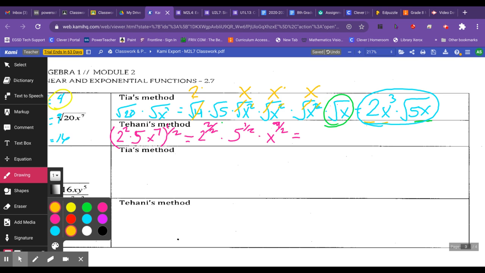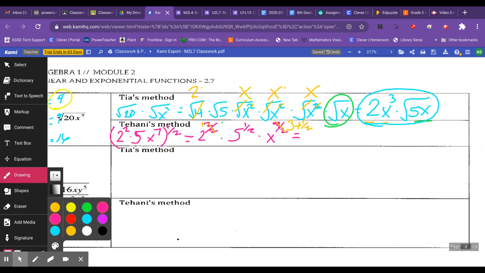Well, 2 to the 2 over 2 actually simplifies to 2 to the first, doesn't it? X to the 7 halves, I can split that up: 2 goes into 7 3 times with 1/2 left over. So it's 3 plus 1/2.